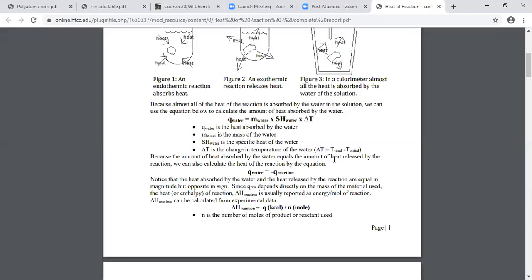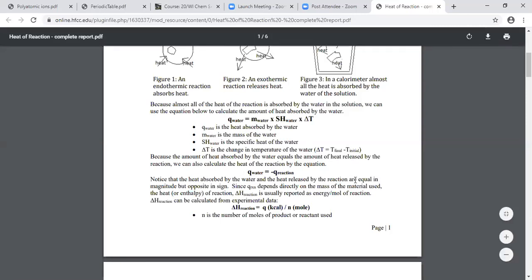So change in temperature is T final minus T initial. We're going to be taking a couple different temperatures, measuring what's inside the closed system. The final temperature that we get, we subtract our initial temperature, and that's where we get our ΔT. The triangle stands for change.